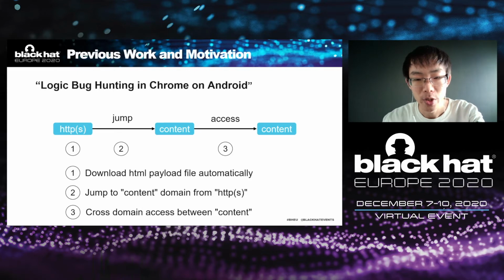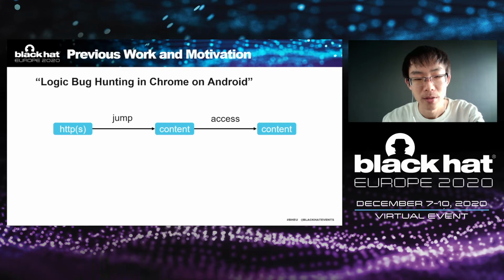Finally, read other resources using the content protocol. At that time, the CORS check for content was very weak. After that chain, Chrome made some fixes.